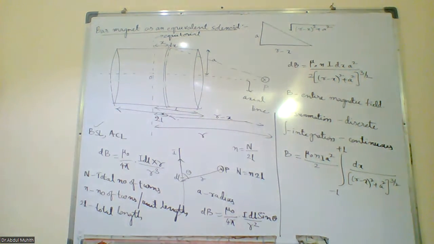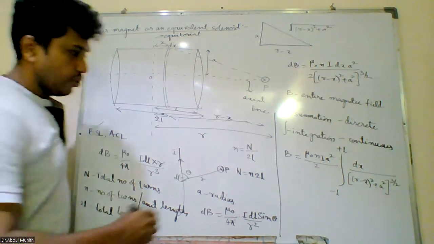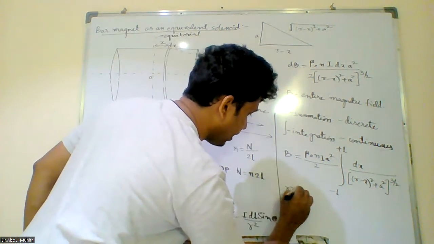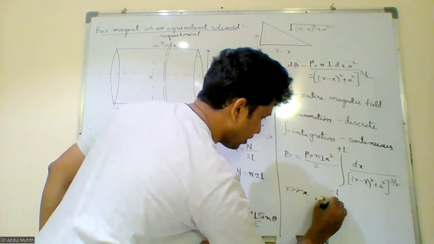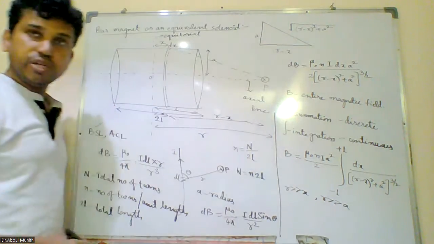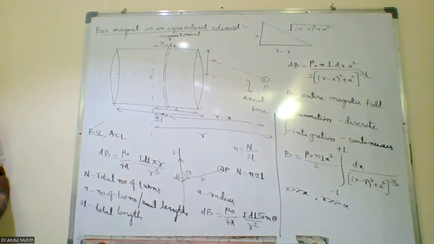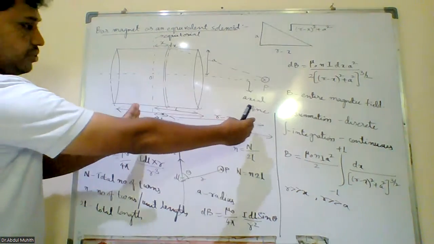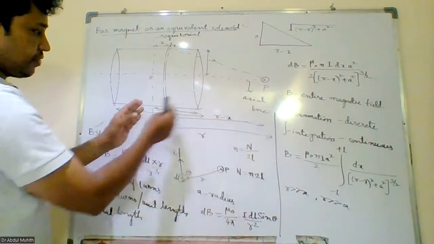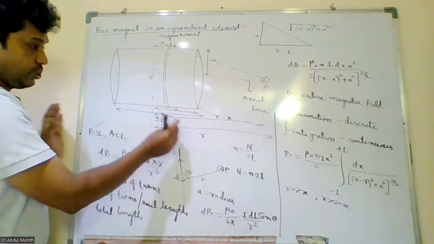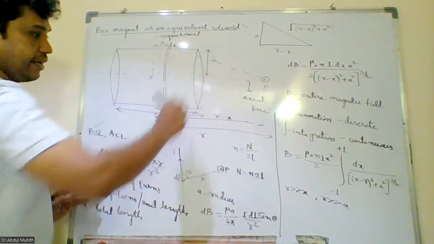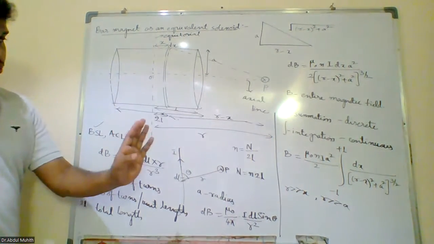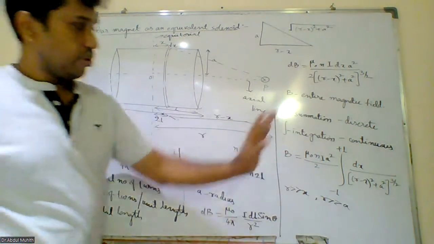Now we also know that R is much greater than X, and R is much greater than A, according to the definition of a solenoid. The radius R value is much greater than the X values. X is very, very small, and R is much greater than A. So we are going to remove all those things.